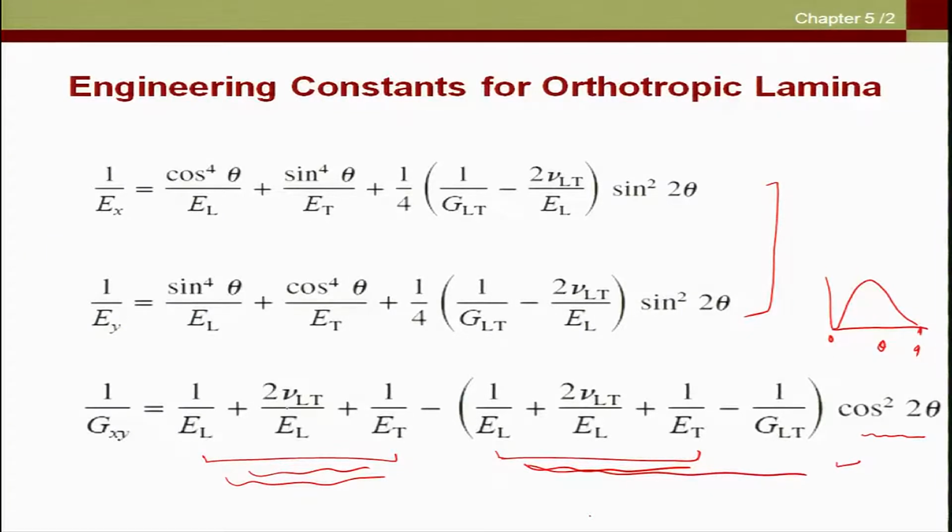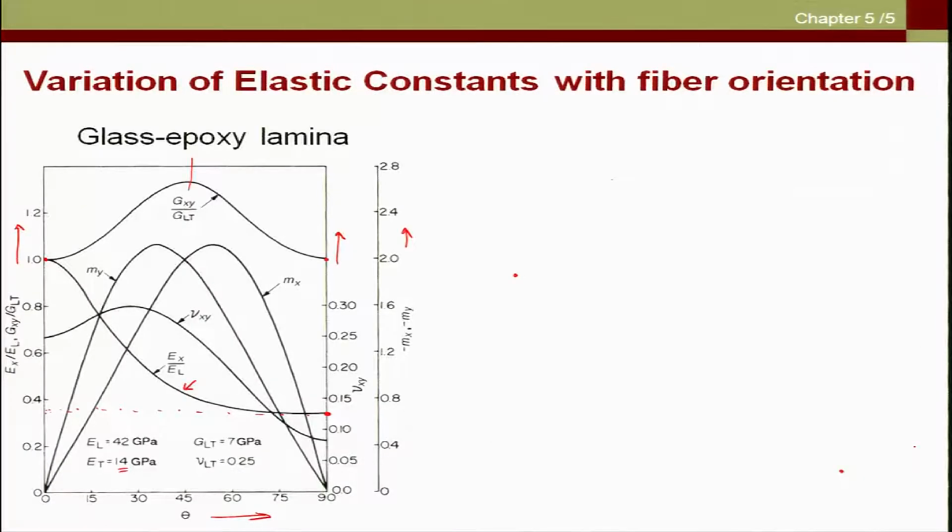Because this curve is like this, the plot for 1 over Gxy, or for that sake even the plot for Gxy, is symmetric around this vertical line, which is theta equals 45 degrees. This is the second thing.